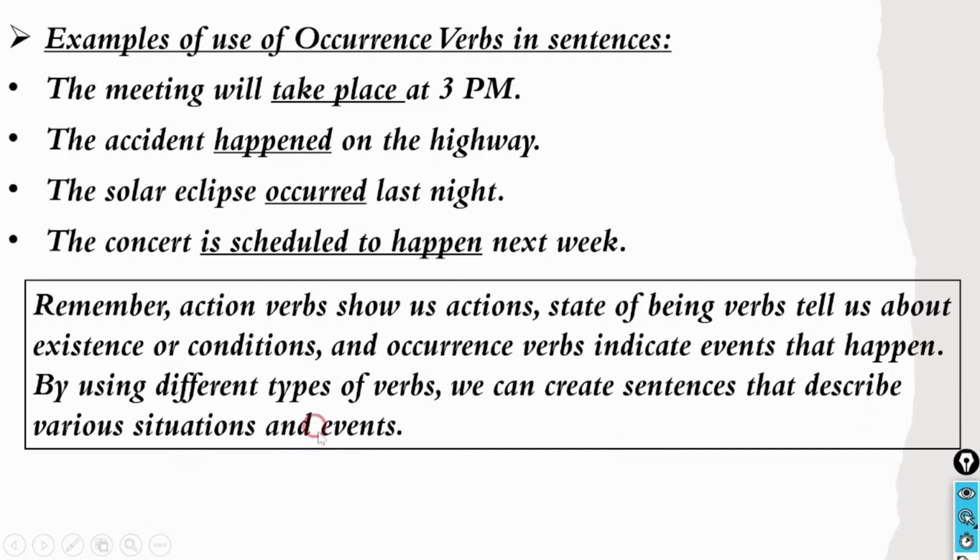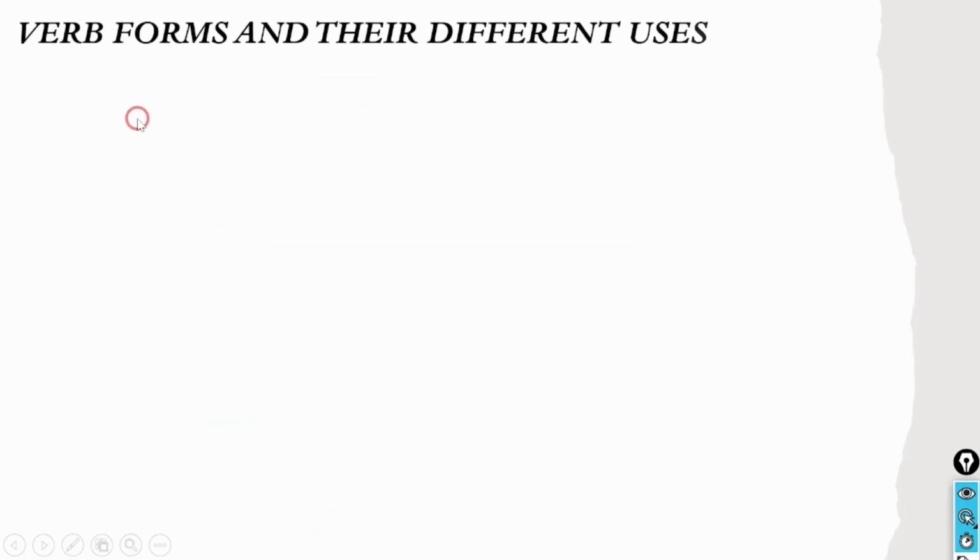So it's very important that we learn these so that we are able to construct correct sentences in our day-to-day use of English language. Okay, so let's look at now the verb forms. Look at the verb forms and their different uses.